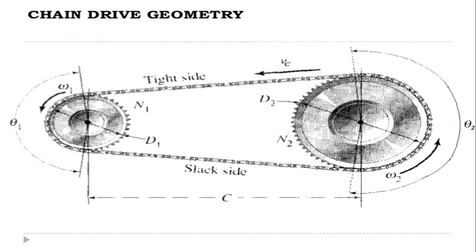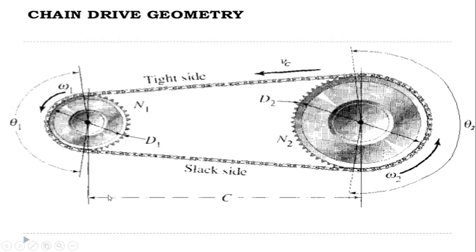Next one is the chain drive geometry. This is the tight side of the drive, whether it is a belt drive or a chain drive. This side is considered the slack side.